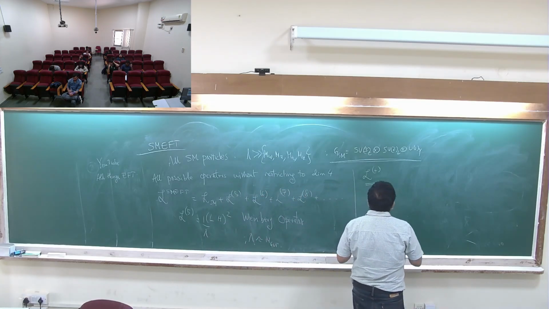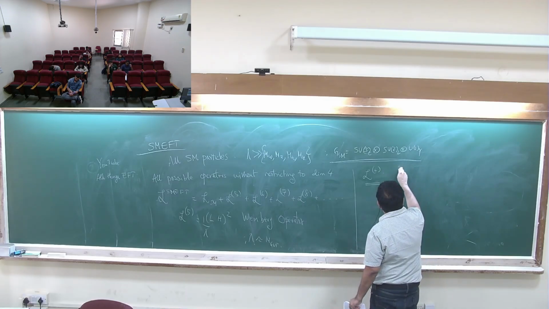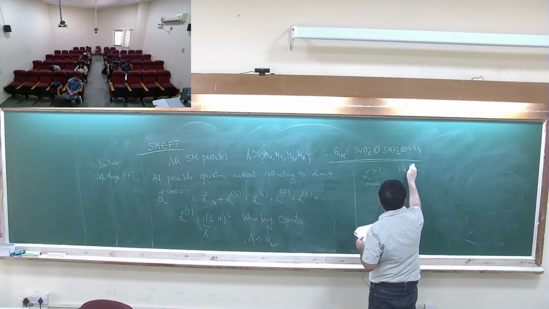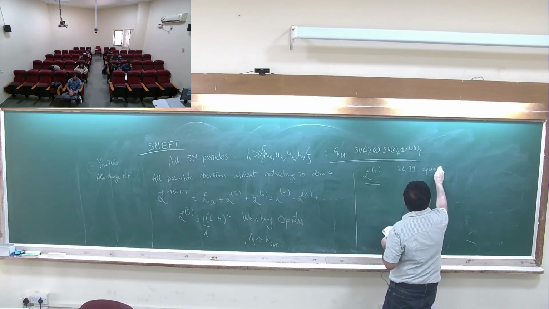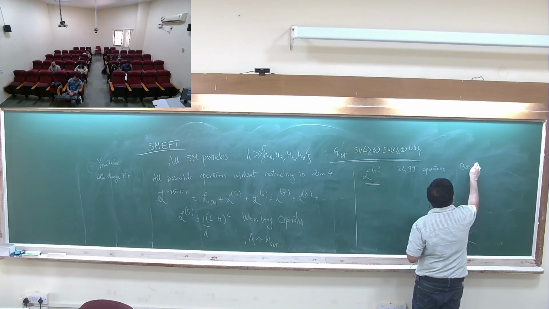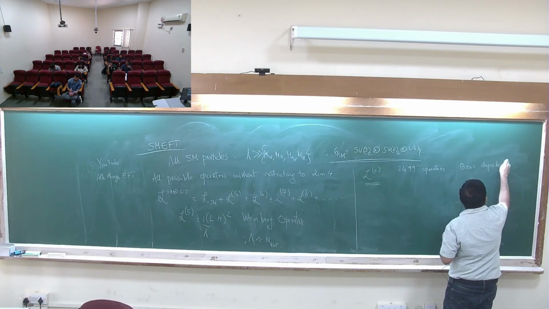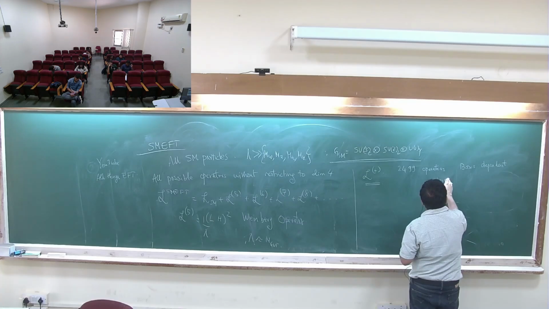There are many operators, roughly around 2000, I think 2499 or some such thing. And they are basis dependent, and typically written in something called the Warsaw basis.